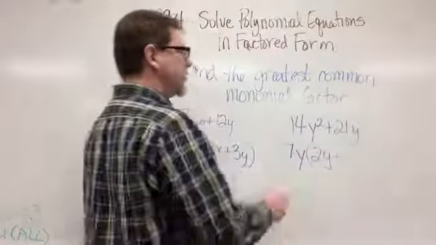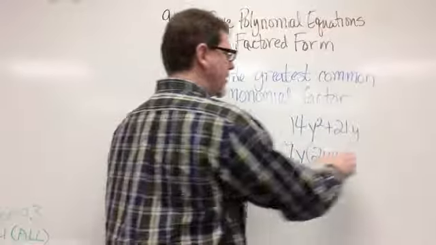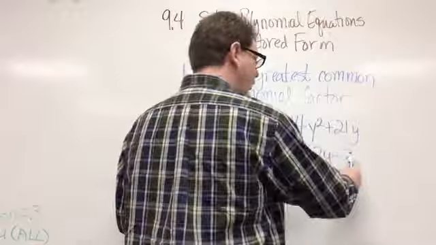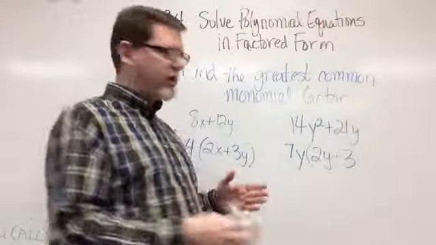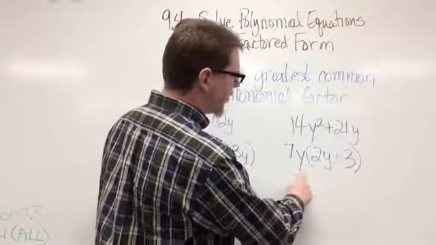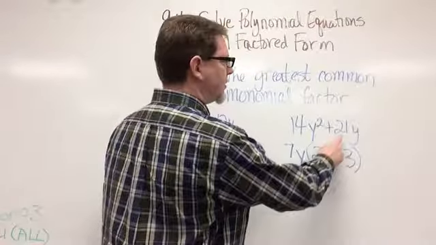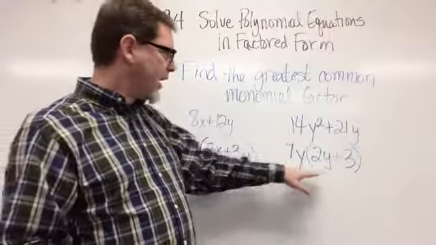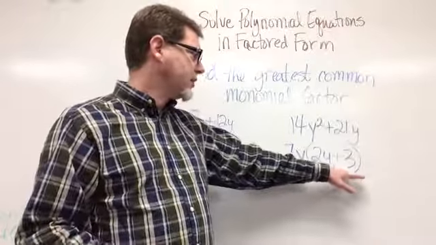Plus 21 divided by 7 is 3, and y divided by y is 1, so it's only 3. And I could go backwards and say that 7y times 3 is 21y. So when I factor out the 7y, I get 2y plus 3.